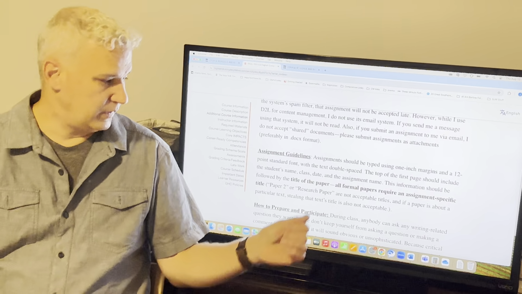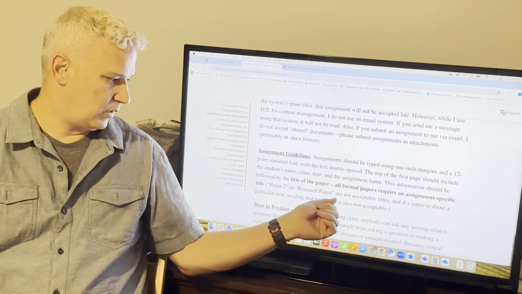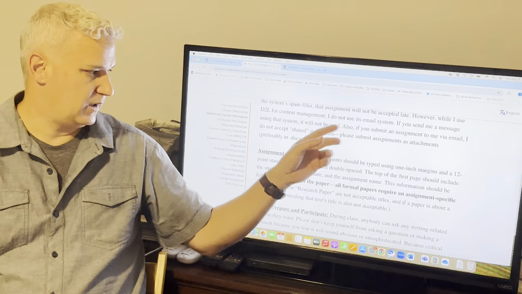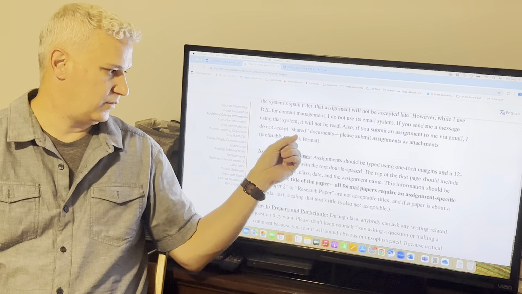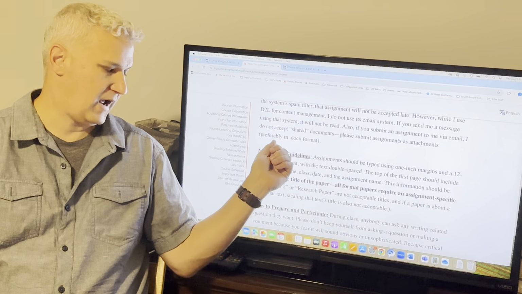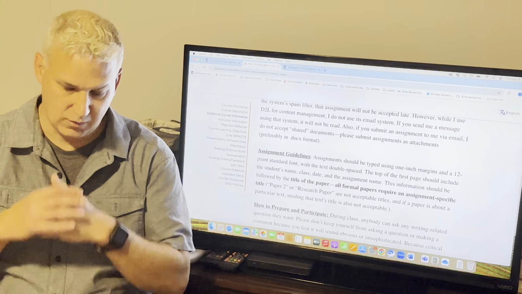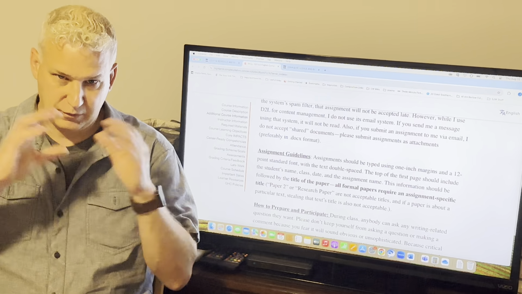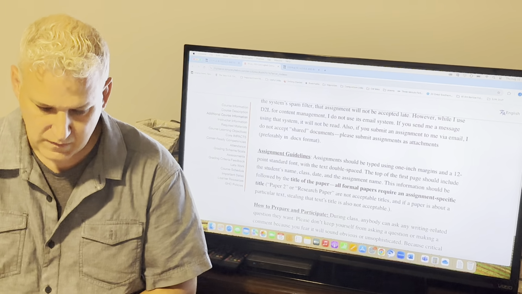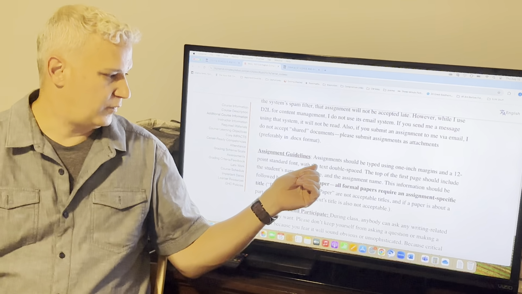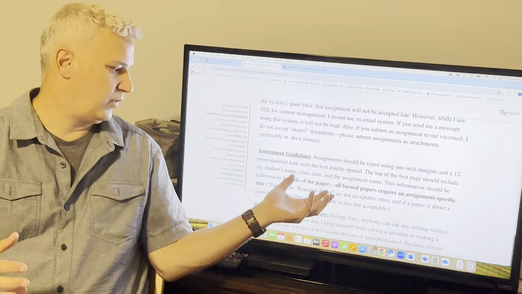Please, if you submit an assignment to me via email, submit assignments as attachments in docx format, no PDFs, no shared documents, please. Assignments, there's this basic information about assignments, 12-point standard font.